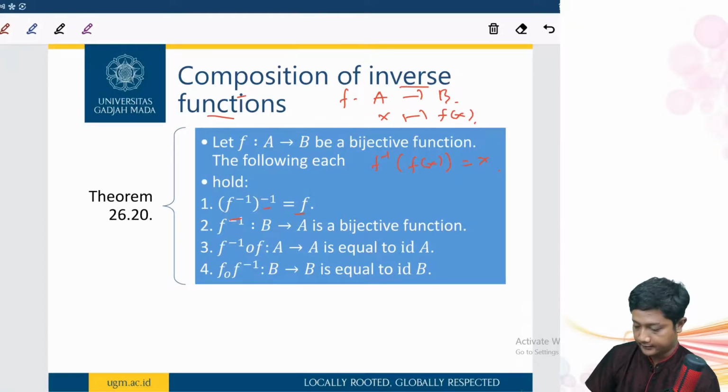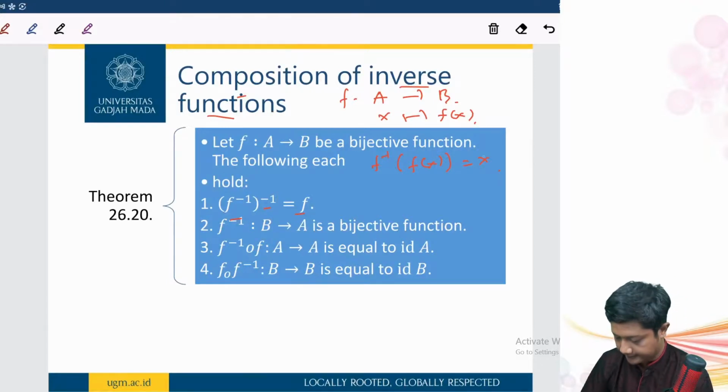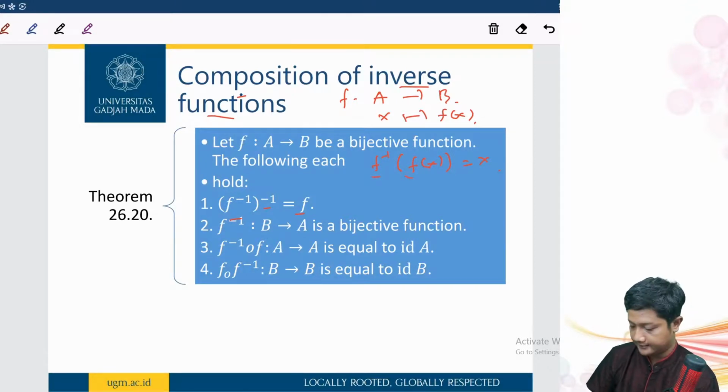When you try to find the inverse of this, it should be f itself. So that's the reason why the inverse of f inverse is equal to f.